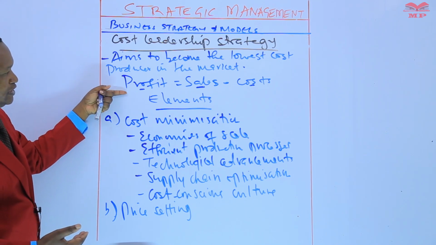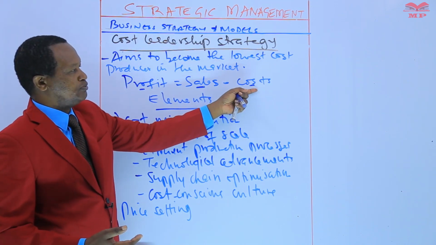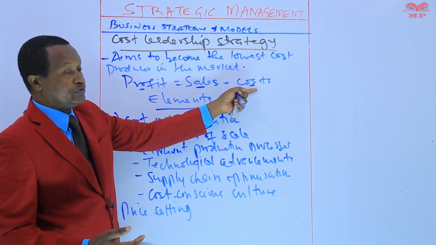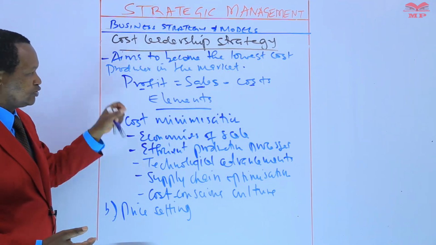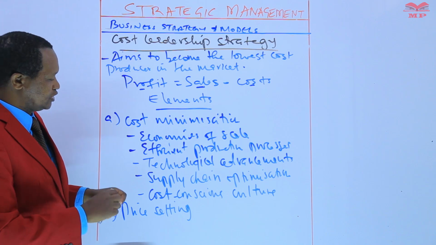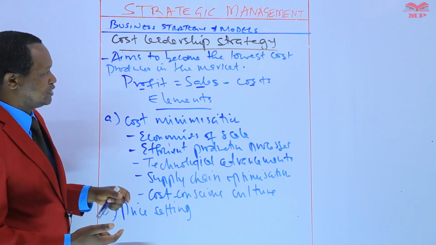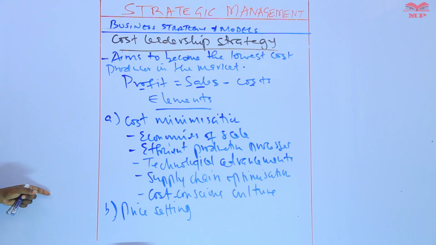One way to increase profit is to push down the cost of producing goods and or services. So the price could be at par with the competitors, but the cost leaders can enjoy higher profit margins because of lower cost of production.